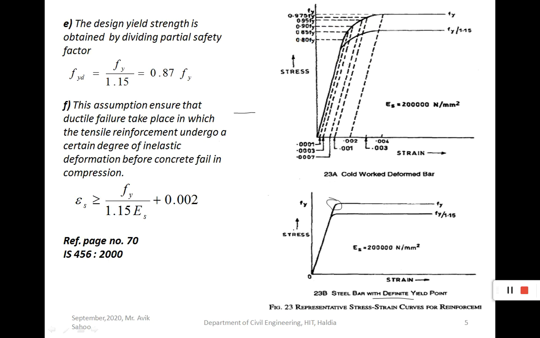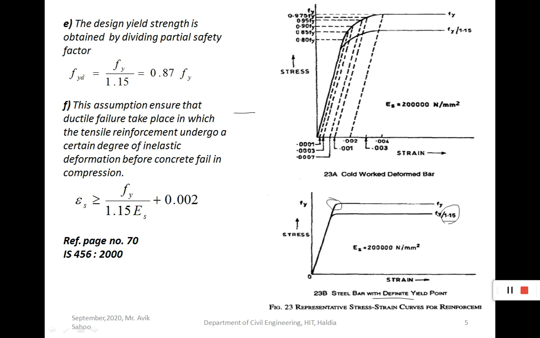So this is an idealized stress strain diagram. The strain is varying, strain is increasing, and this is the yield stress. To get the design stress strain diagram, you have to divide by the factor of safety of the steel. The factor of safety of the steel is 1.15.